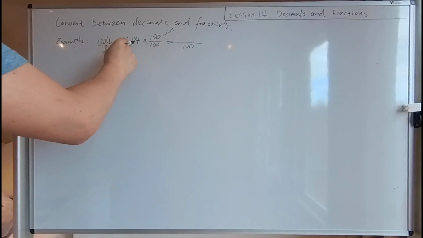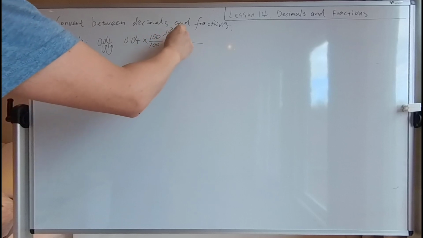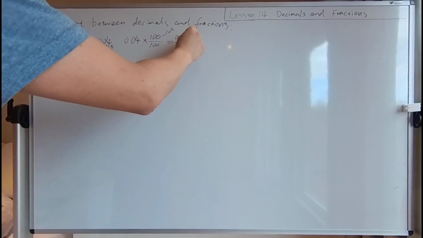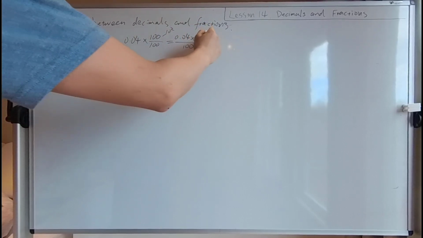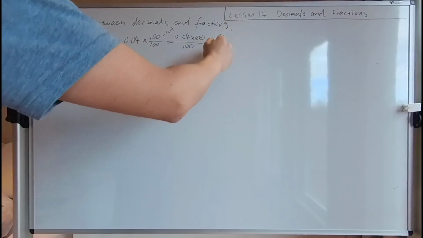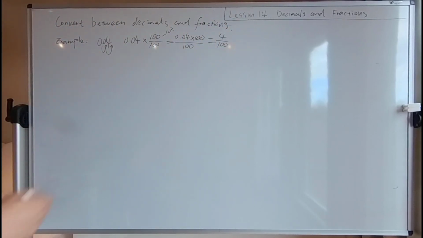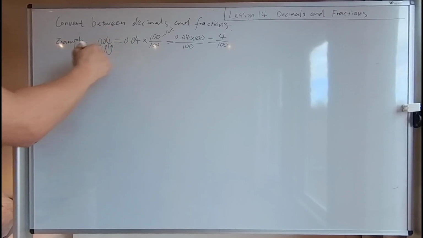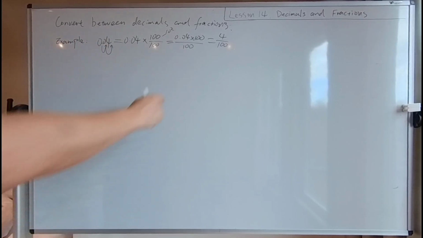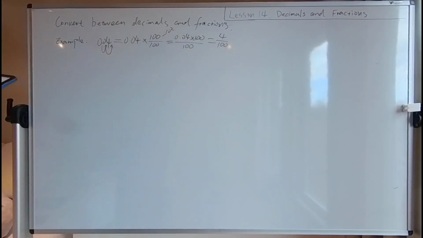So 0.04 multiplied by 10 squared, 100, will equal the integer number 4. So this decimal number 0.04 can be written in this form, 4 over 100.